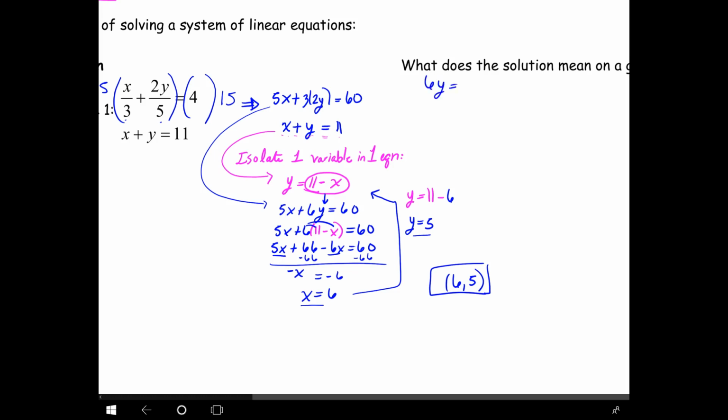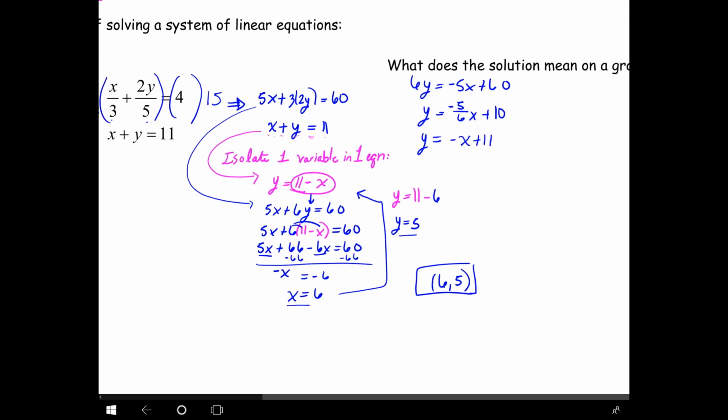So 6y equals negative 5x plus 60. Divide by 6. So y would equal negative 5/6 x plus 10. And then the second equation, y equals 11 minus x, I'll just rewrite as negative x plus 11.